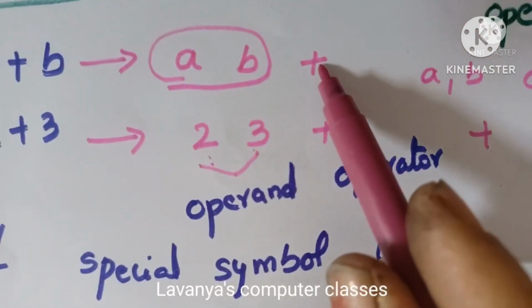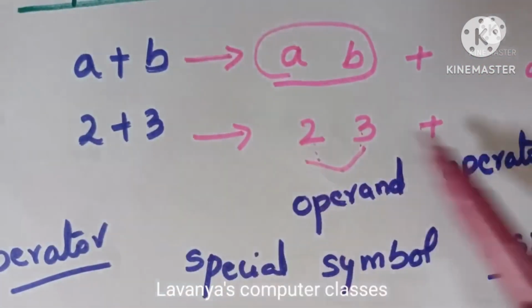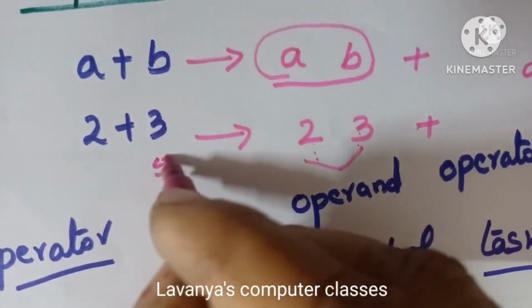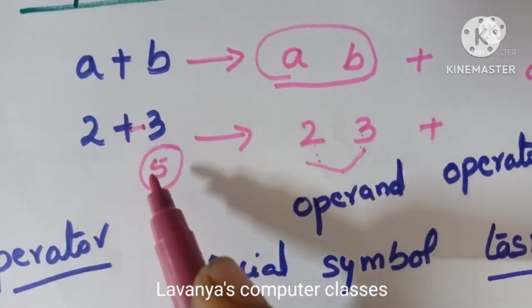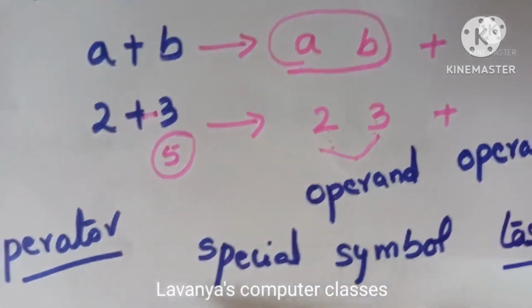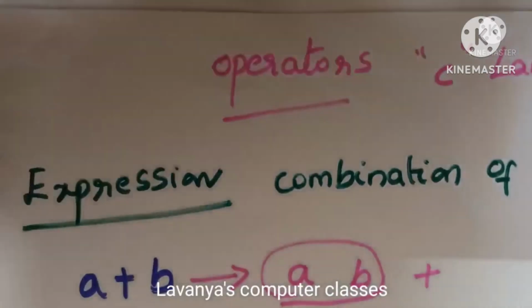In a plus b, plus is a symbol used for performing some task. In 2 plus 3, plus is used for adding the two numbers, addition. After completion of the work, 2 plus 3 gives the result 5. So an operator is a special symbol used for a task.